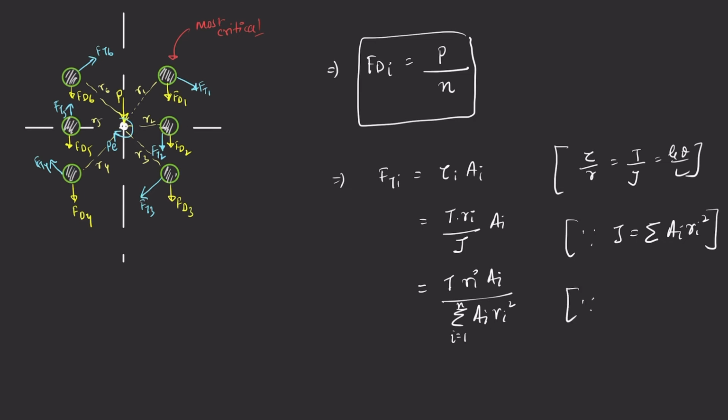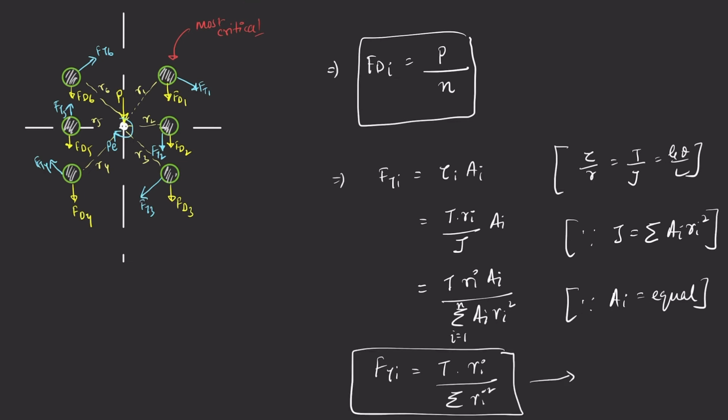And if the cross-sectional area of all the bolts is equal, we can take Ai out of the summation as common, and our final result will be FTi equals T times Ri over the summation of Ri square. By putting the value of T, the torsional moment, which is P into E, we get PE into Ri over the summation of Ri square, and this gives our final formula.